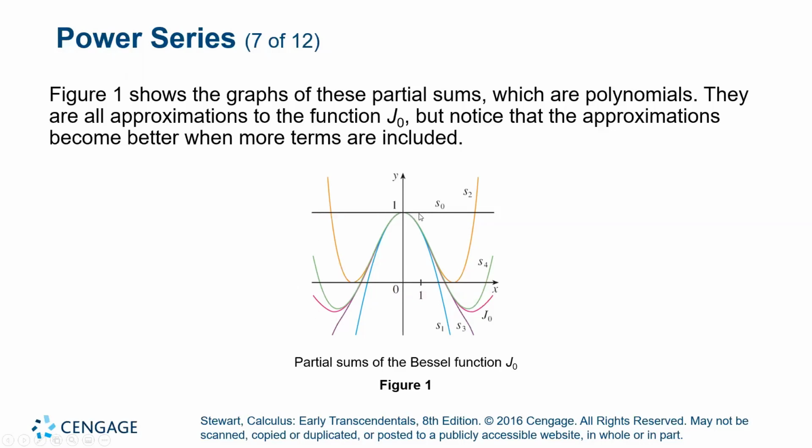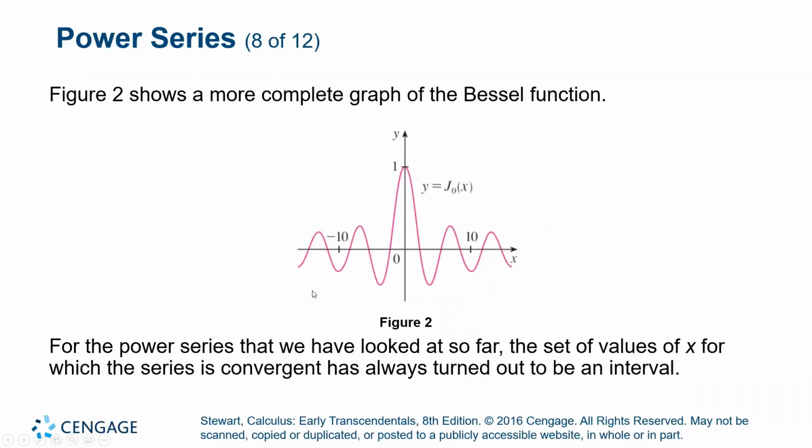So S0, the first partial sum, is just the horizontal line at 1. And then S1 is the blue line, the upside down quadratic. S2 is the positive cubic, and then so on and so forth. So an overall complete graph as your partial sum gets larger and larger and larger is this pink line here, or this pink curve.